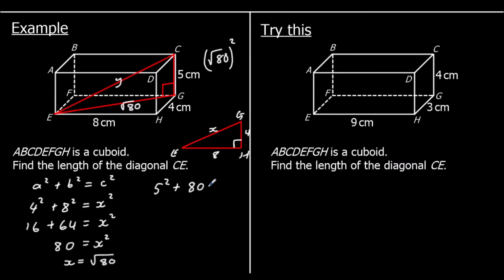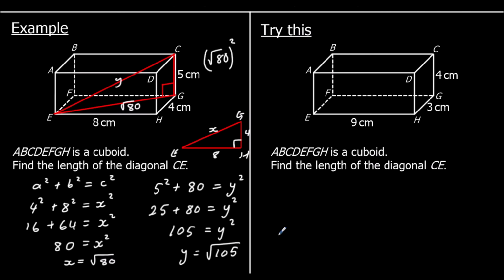So root 80 squared is 80, and that equals y squared. 5 squared is 25. So 25 plus 80 equals y squared. So it's 105 equals y squared. So y will be the square root of 105.